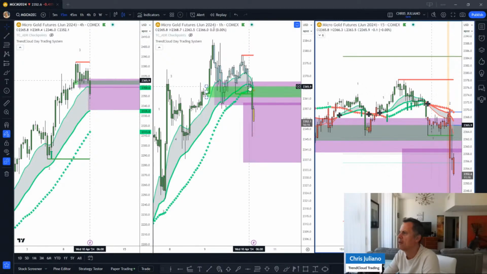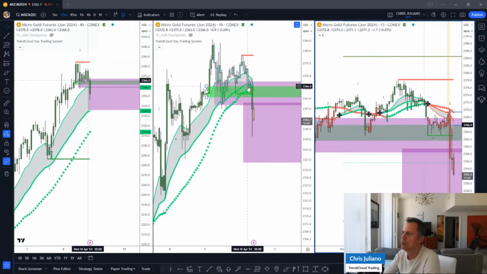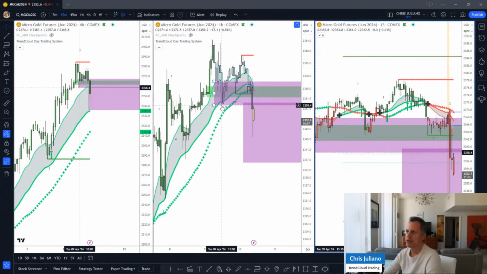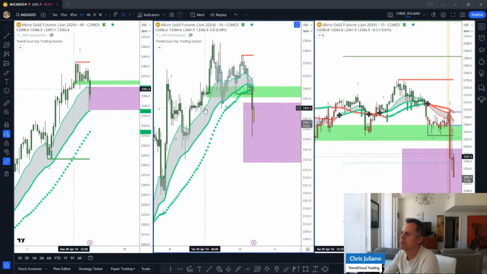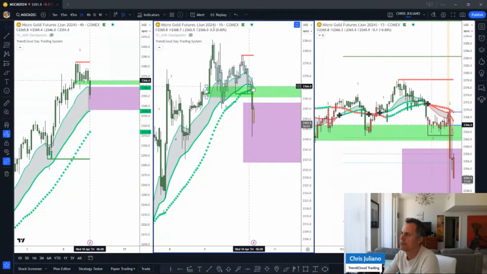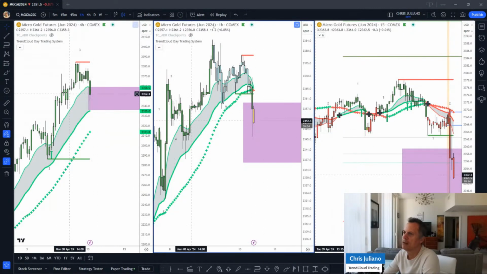So now we've gone past that purple box, broken through this 1-hour demand zone, and now we're in the 4-hour purple box here, the 4-hour time frame.